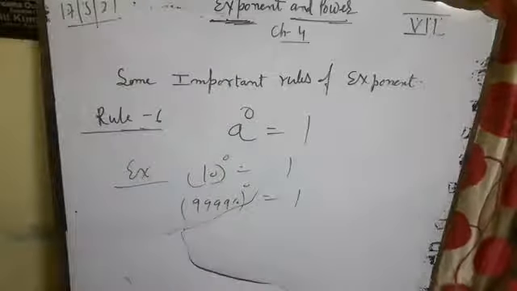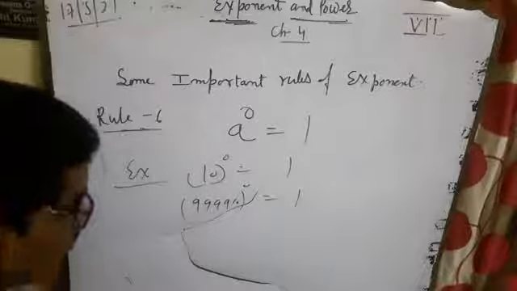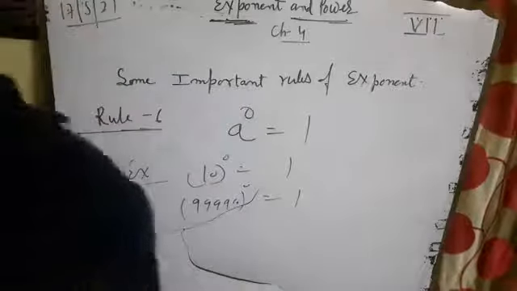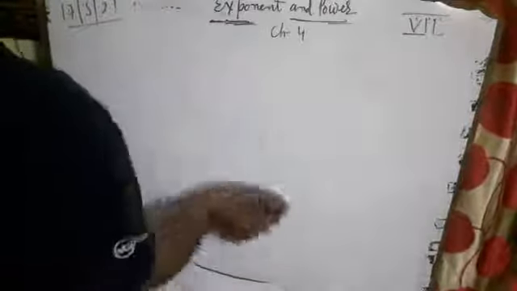So there are some rules on how to convert an exponent power into a rational number p upon q. Now we have discussed some questions of your textbook worksheet 1. In the next class, wish you best of luck.